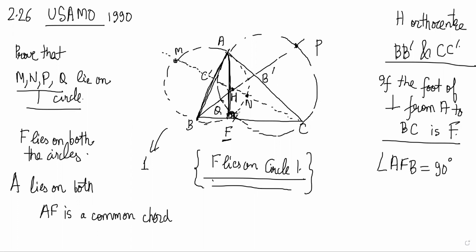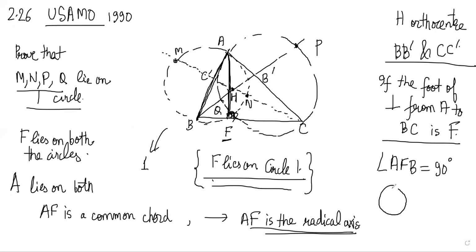And AF being a common chord means AF is the radical axis. Now, this is something that we have not yet discussed so far, but you need to understand that whenever two circles intersect, the common chord will be the radical axis.